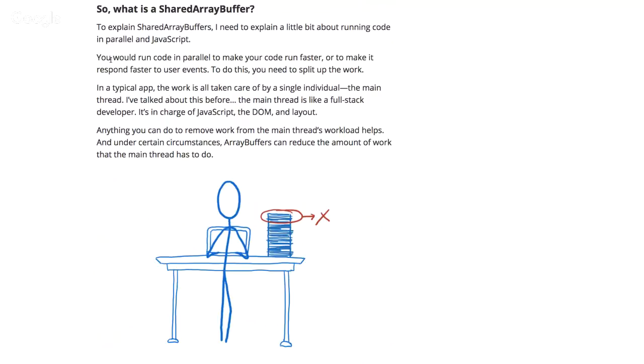That's one reason why shared array buffers are used. To do this, you need to split up the work. If you want to run code in parallel, then you have to split up the work. In a typical app, the work is all taken care of by a single individual, the main thread. I've talked about this before. The main thread is like a full stack developer.